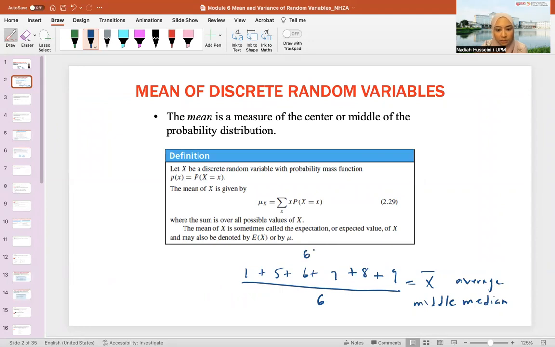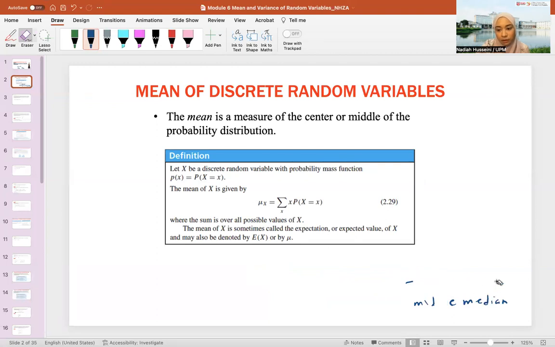So you add these two together and divide by 2 to get your median. So the median tells you the middle value of your sample space, and the mean tells you the average. But the mean of a discrete random variable tells you the middle of the probability distribution. So for example, let me try my best to draw the graph of the discrete random variable that we saw earlier nicely.